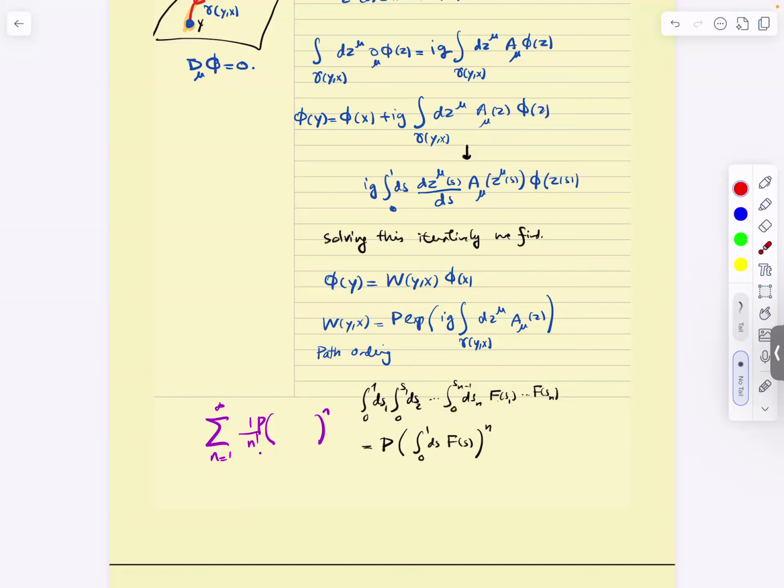When you insist on a local description, it comes at the cost of introducing this fictional degree of freedom called A mu that could be locally trivialized, because that's unphysical, that's a gauge transformation. However, there are topological obstructions to trivialization every time there is curvature associated with this connection. Curvature is the field strength.